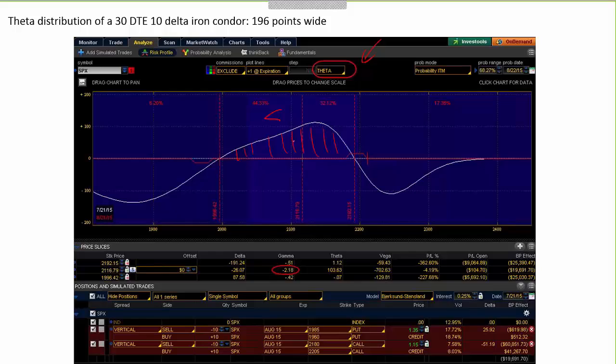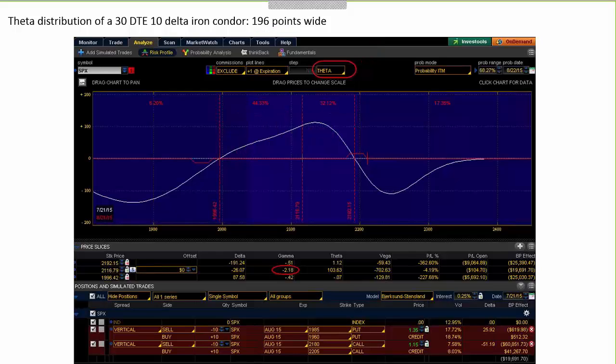We're making theta. Of course, delta has to be taken into account, but purely from a theta perspective, you're making theta in that range. The range is from there to there. What does that mean? A 196-point range that you're making theta money with a 30-day iron condor.